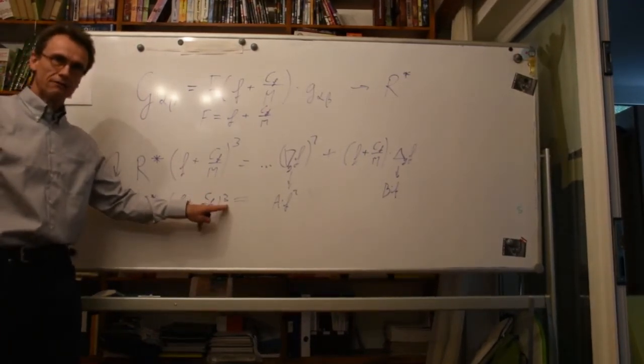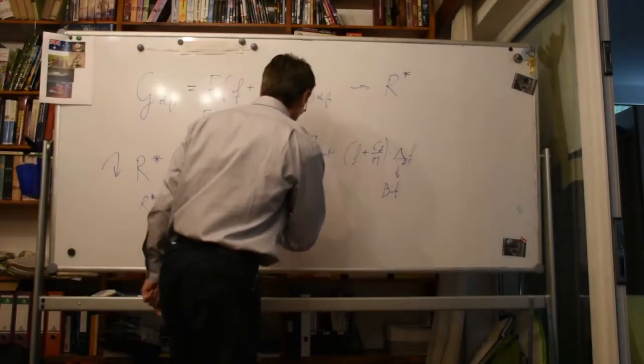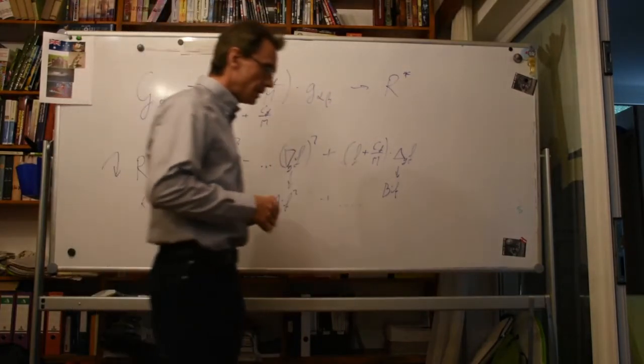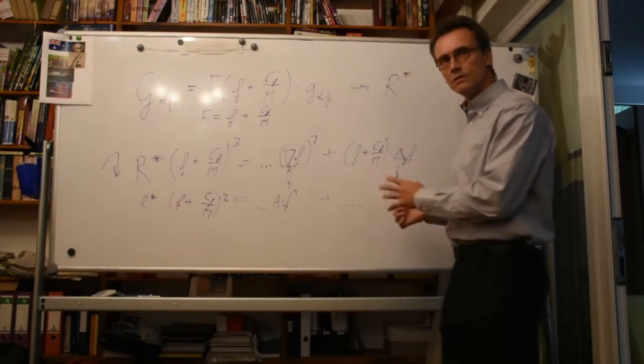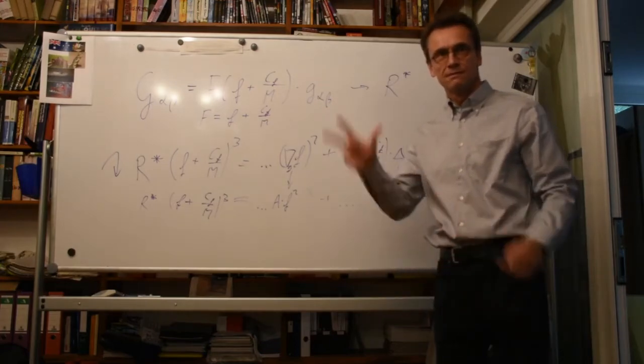We have power 3, power 2, power 1. So, how many solutions does a third order polynomial equation have? 3.